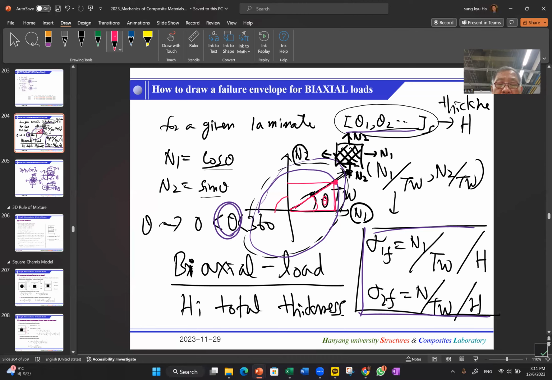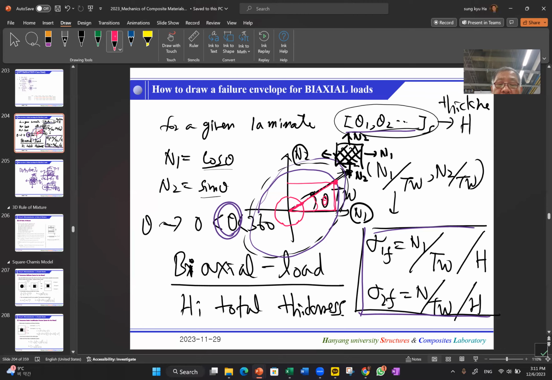So we start with a unit circle, with the radius r equal to 1. This is just a fictitious circle. Then we apply this much load, and we get the failure index psi, which gives us the safety factor.